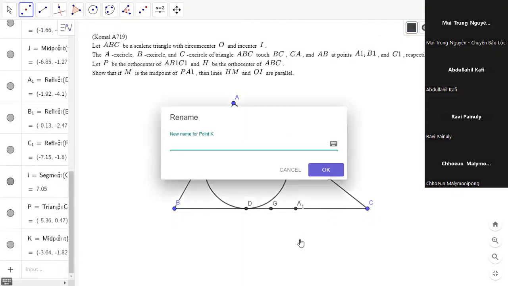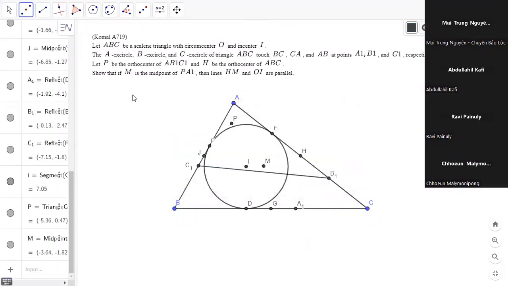Then we want to show HM and OI are parallel. So we need to draw H. What? Why doesn't it? Why does it? Oh, because there must have been already another H. Yeah, this.